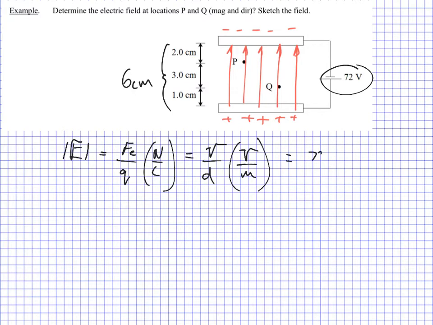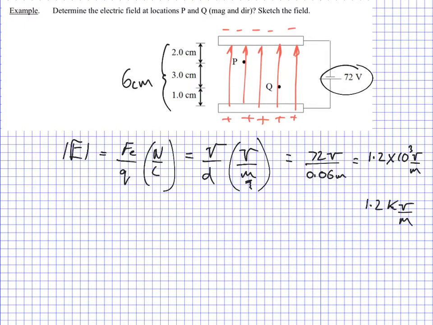It's going to be 72 volts divided by, well, I've got to be in meters, so 6 centimeters is 0.06 meters. So that means I've got an electric field of 1.2 times 10 to the 3 volts per meter. In other words, 1.2 kilovolts per meter.